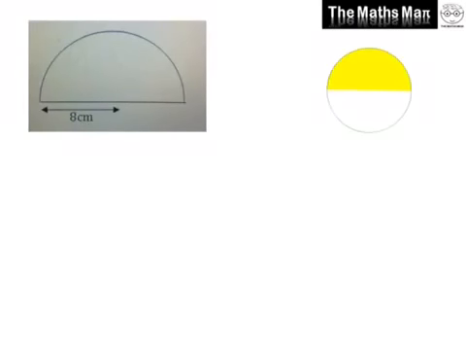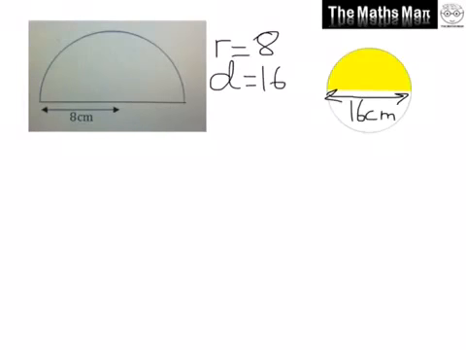So from there we can see that the total distance across would be 16 centimeters. So we can see here the radius equals 8 and the diameter equals 16. So to find the area of the shape, if it was the full circle, then we would do pi times r squared.